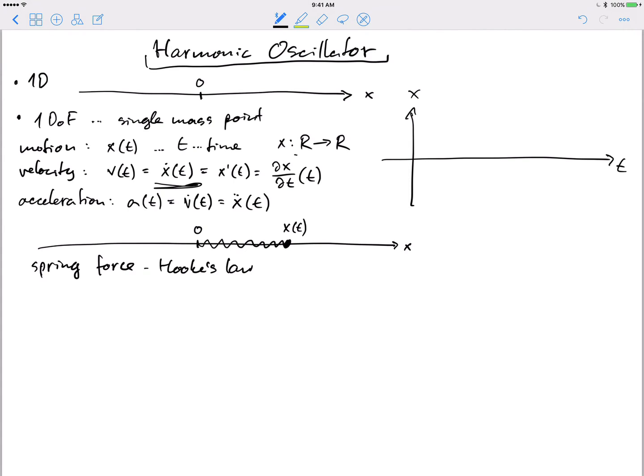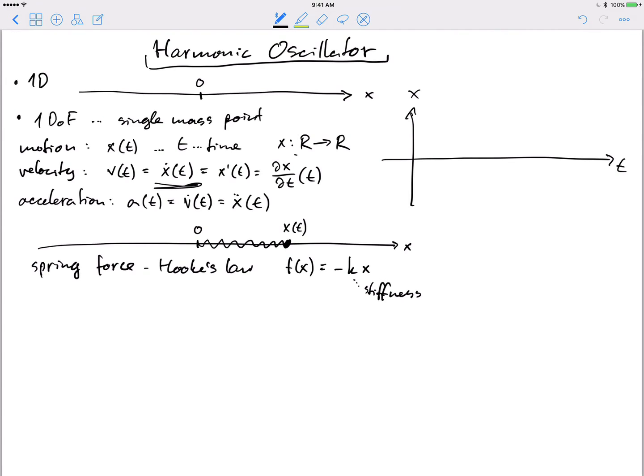So yes, what you said, if I write it as an equation, the force at any point x, this is important, really depends on where that point is, on the x coordinate. And that force, just as you said correctly, is minus k times x, where k is the stiffness of the spring.